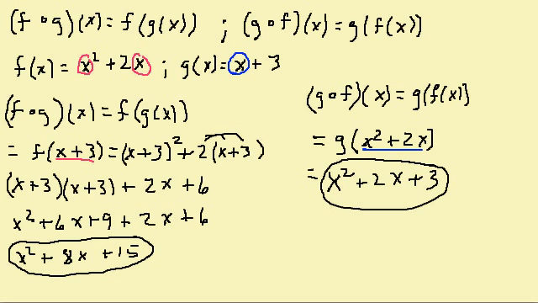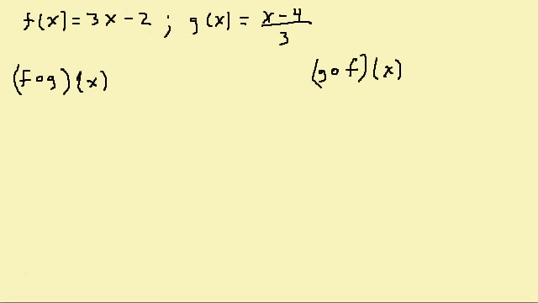Alright, let's take a look at some more problems. We have f of x is equal to 3x minus 2, and g of x is equal to x minus 4 over 3. So we have f circle g of x is equal to f of g of x, which is equal to f of, and g of x is x minus 4 over 3.